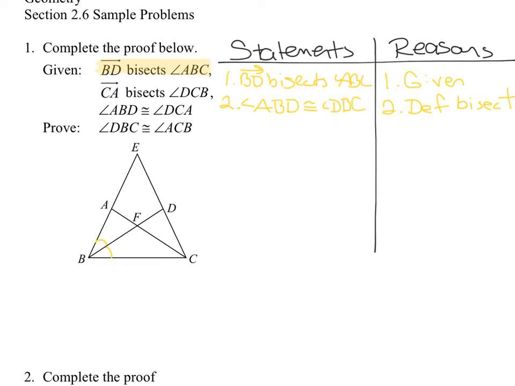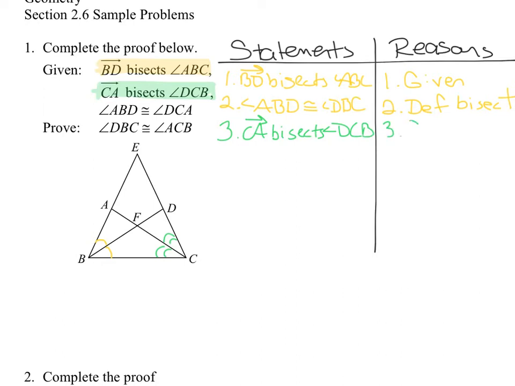We switch colors here. Now we're going to look at the second piece of the given. It says that ray CA bisects angle DCB. So that means that angle DCA and angle ACB have to be congruent. Again, I'm going to copy my given over: ray CA bisects angle DCB.